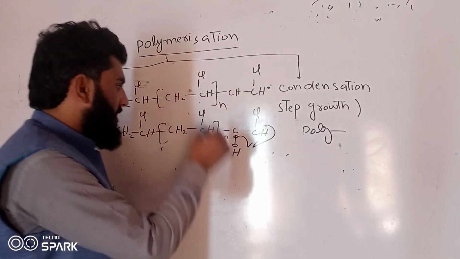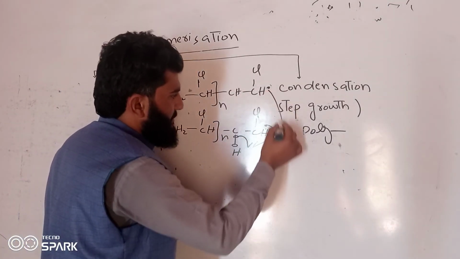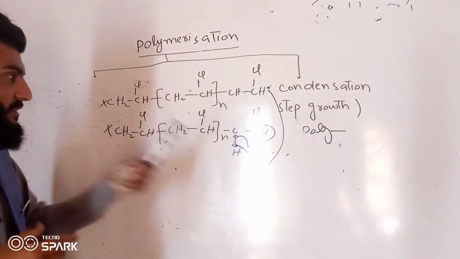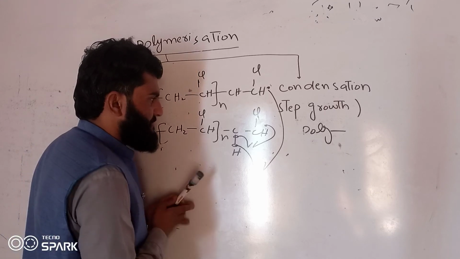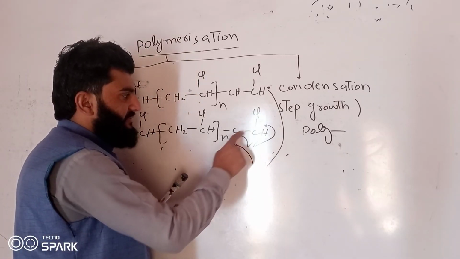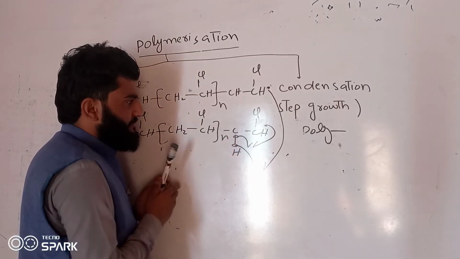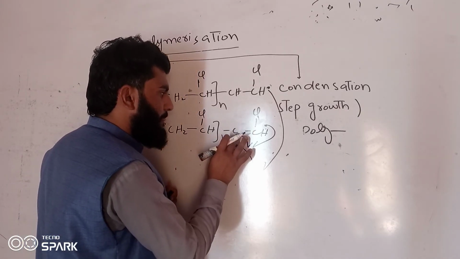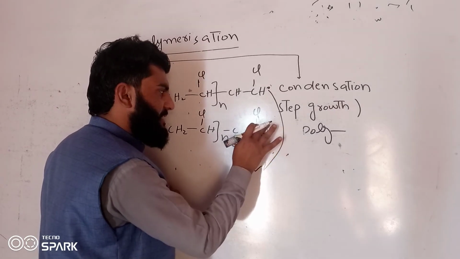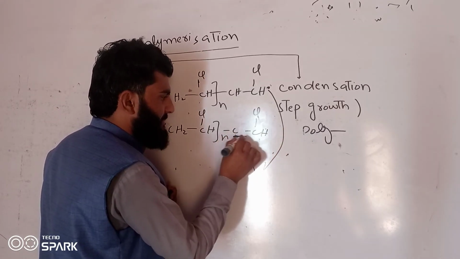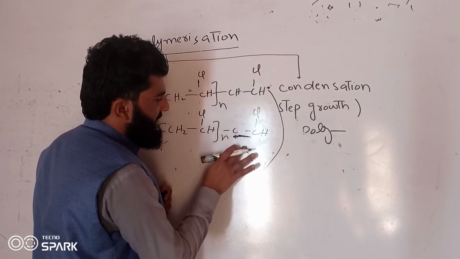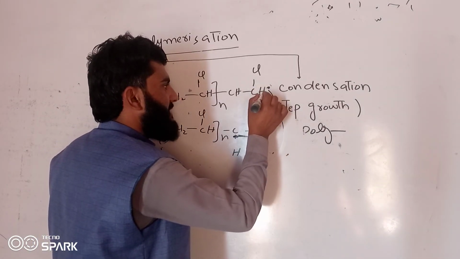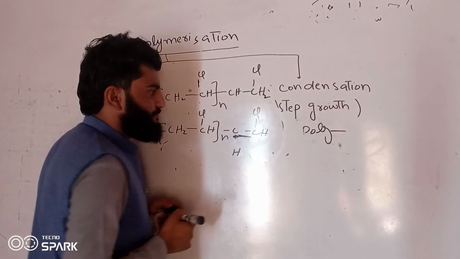So what is formed? This electron forms a bond with this electron. What will we obtain? We will obtain that species. This electron combines with that. So what will form? A double bond will form here, and this electron will come here, and this CH will become CH2.